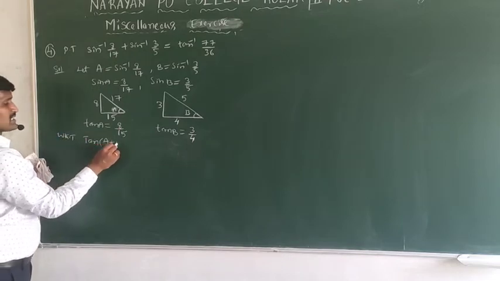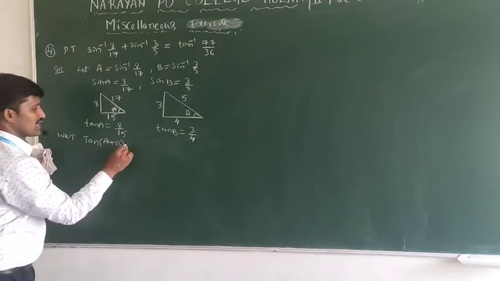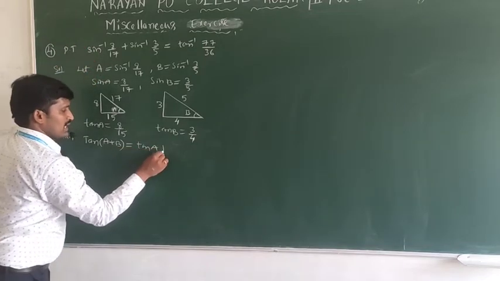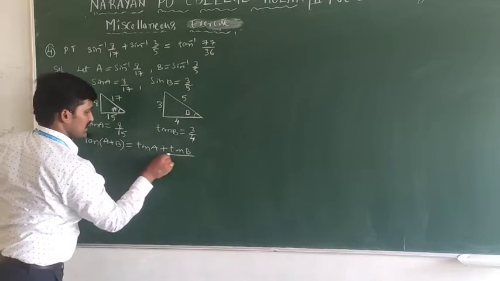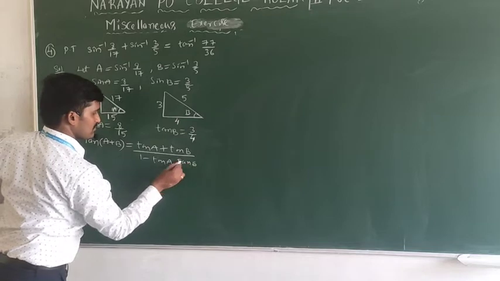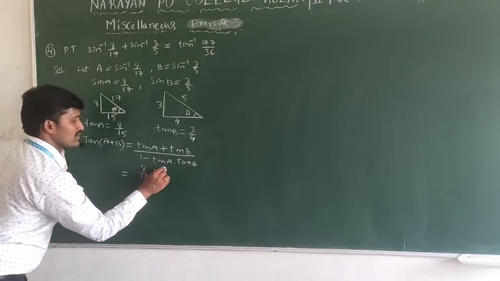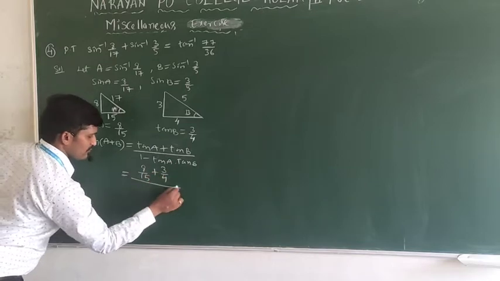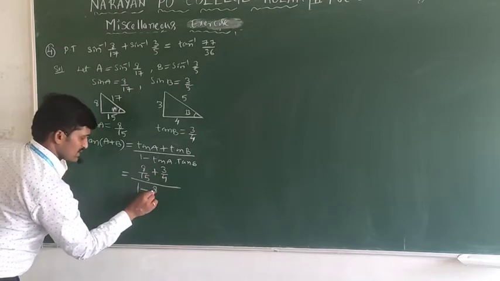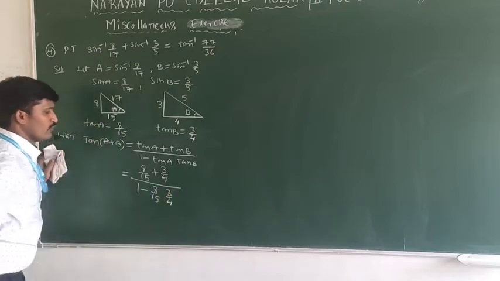Tan of A plus B, take the left side, we get tan A plus tan B by 1 minus tan A into tan B. Tan A is 8 by 15, tan B is 3 by 4, by 1 minus 8 by 15 into 3 by 4.